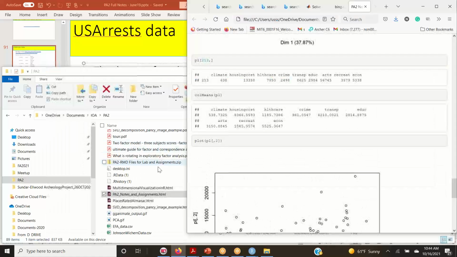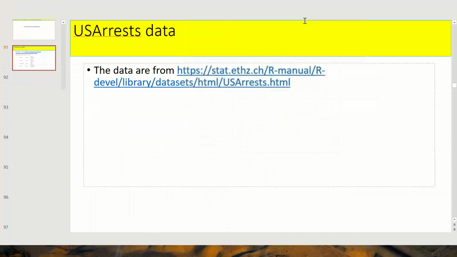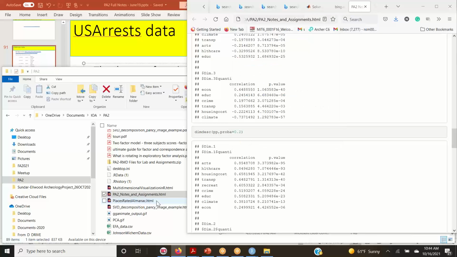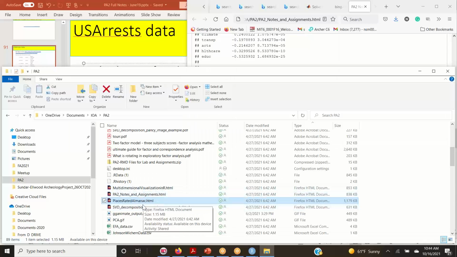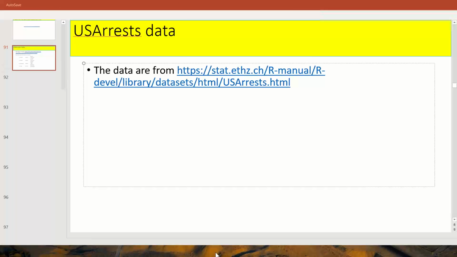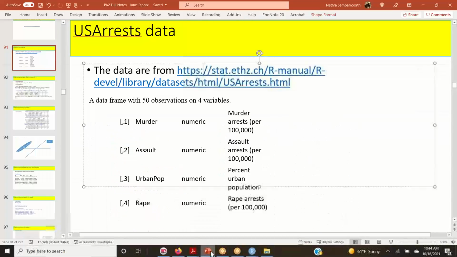Not this one I wanted. PA2 assignments, that's what this one is. It doesn't have what I wanted to show you, the places USA model. I need to read the data, so I have to go back to this one. I can read the data from here.